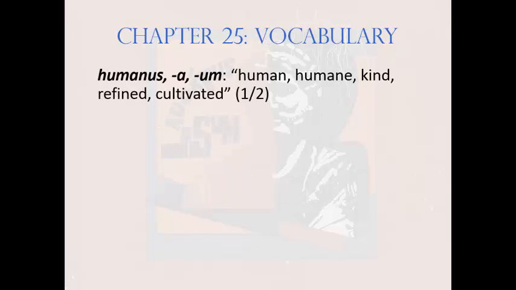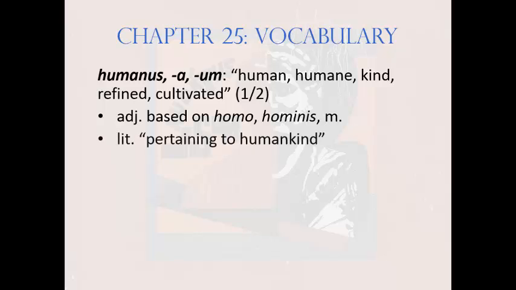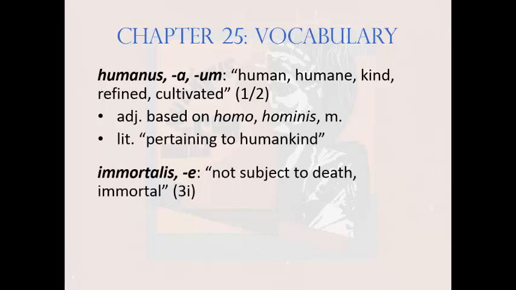The next word is humanus, meaning humane, kind, refined, or cultivated. It's a first-second declension adjective, employing the same base as the noun homo, hominis. Thus it means literally pertaining to humankind. The next word is another adjective, immortalis, immortale, meaning not subject to death, immortal.